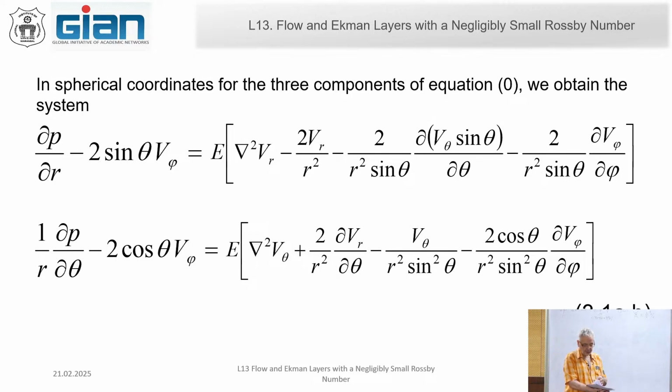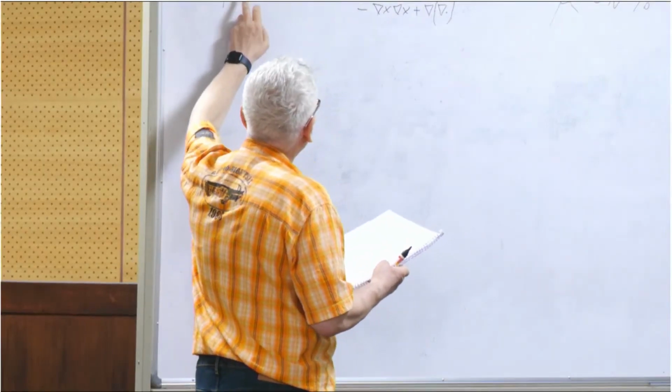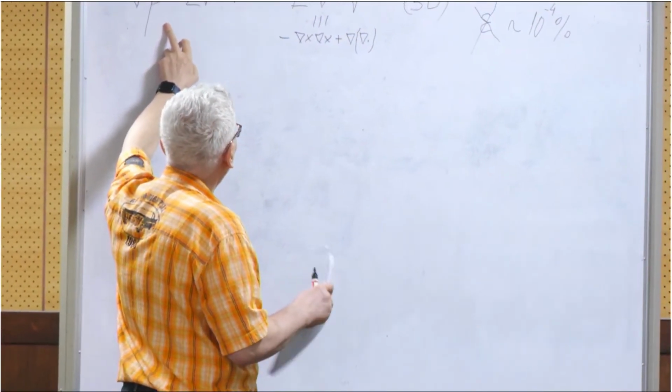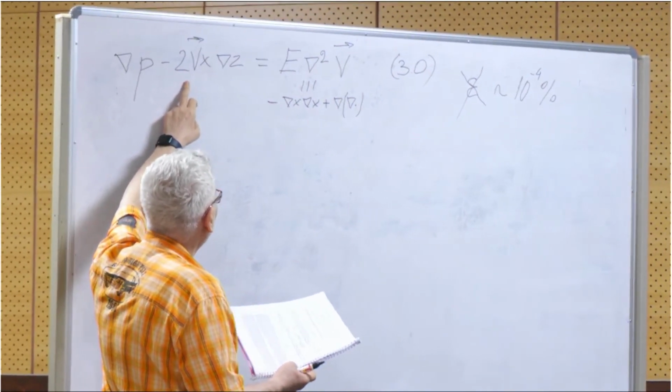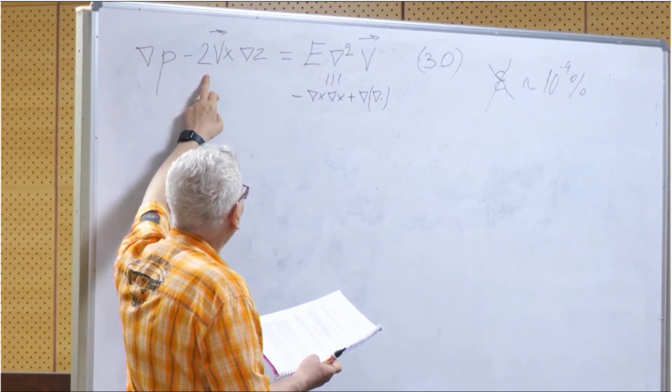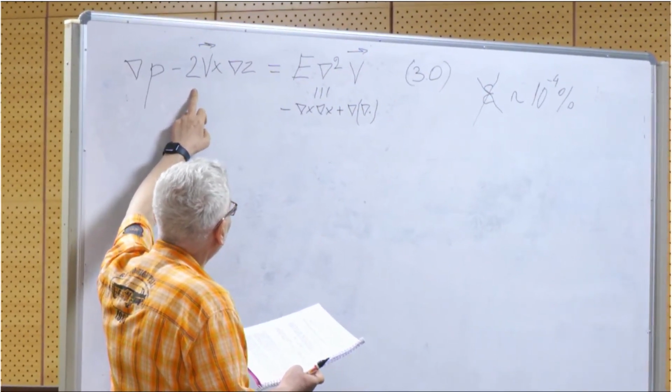Let's comment and write down this general system. As I already told you, if we proceed to the detailed representation from the vector representation, of course we get a much more lengthy equation. So we just start from this equation, and pressure is in the first place because it's the most important term, and of equal importance, or maybe even greater, or at least comparable with the pressure, is the Coriolis term.